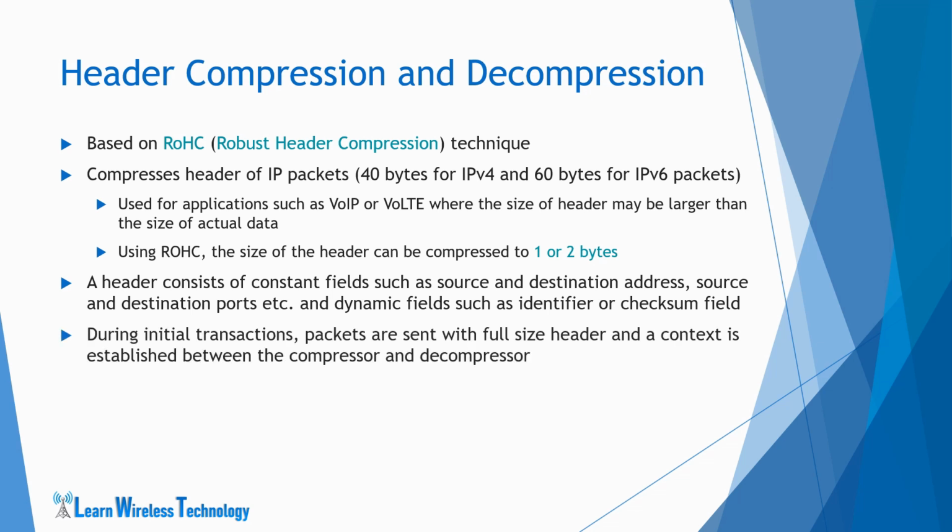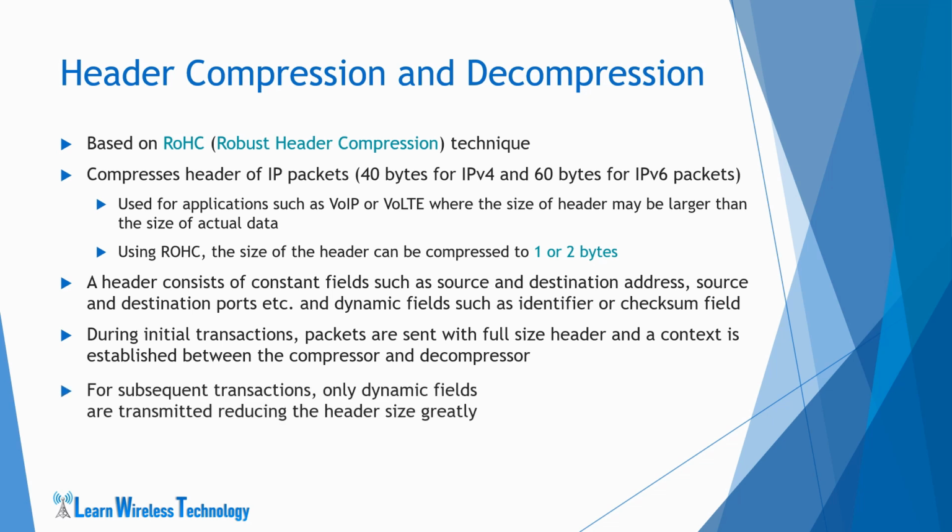So during initial transaction, a few packets are sent with full size header without any compression. This is to establish the context between the compressor and decompressor sides. The context comprises information about static and dynamic fields and the changing pattern of the protocol headers of the dynamic fields. Once the context is established, the fields which remain constant throughout a session need not be sent for every transaction.